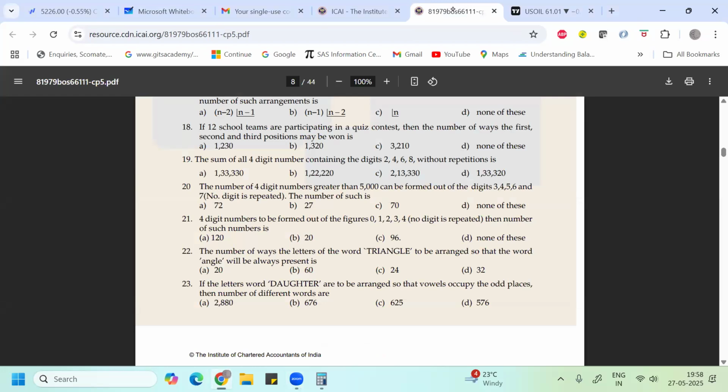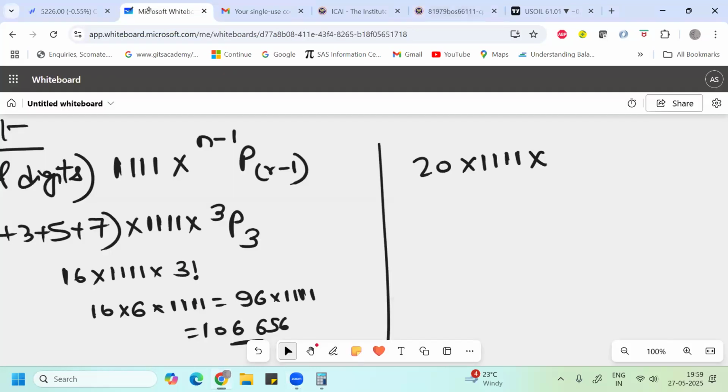So 4 digits are there, and from 4 digits you want to make a 4-digit number, so it would be 3P3. This would be 20 into 1, 1, 1, 1 into 6, the 3P3. So this would be 120 into 1, 1, 1, 1.